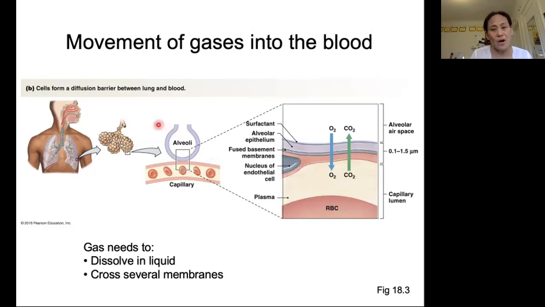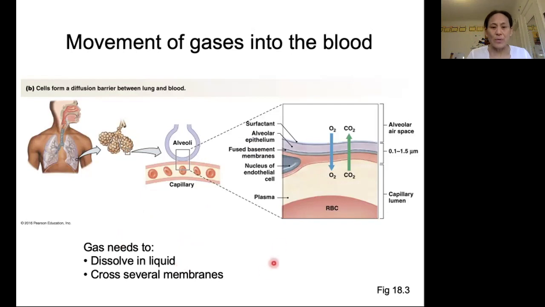We're going to start by looking at this figure, which shows the interface between the alveoli and the surrounding capillaries. What you can see is that in order for a gas to get into or out of the blood, there are a couple things that need to happen. First, we need to dissolve that gas in a liquid.